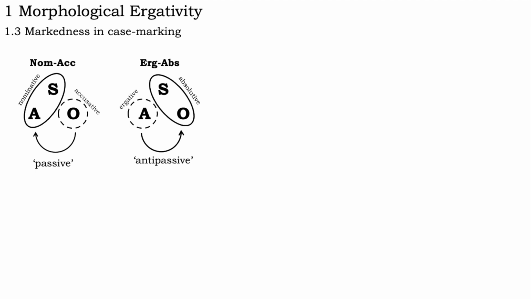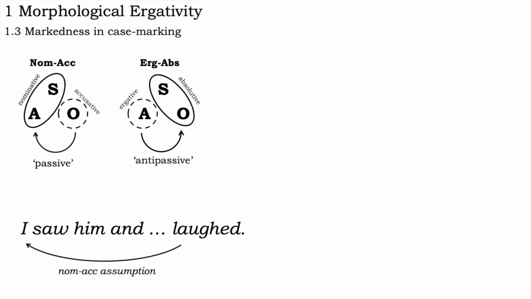In a construction like "I saw him and laughed," in English the omitted argument is assumed to be A, but in some ergative languages it is assumed that that argument is O instead. Such phenomena will be dealt with in the section on syntactic ergativity later. In my opinion, this reversal is one of the most frequently confusing things about ergative languages, so it is important to be aware of this at an early stage.